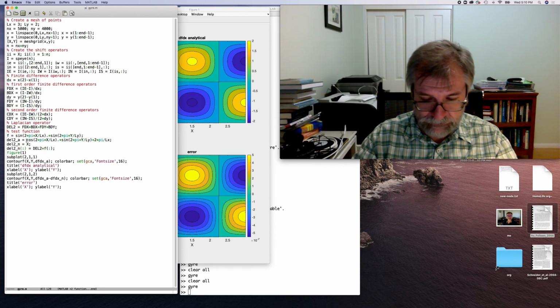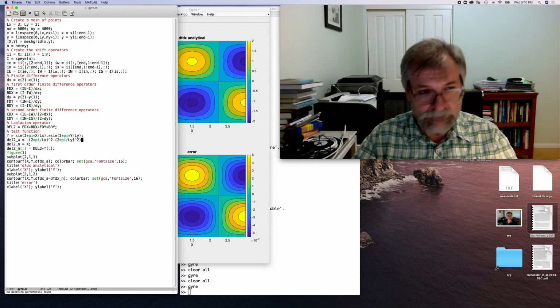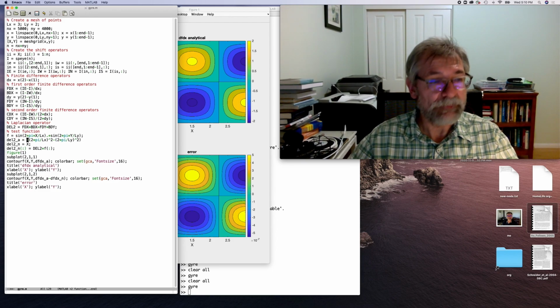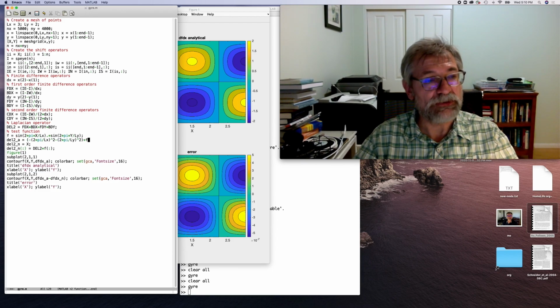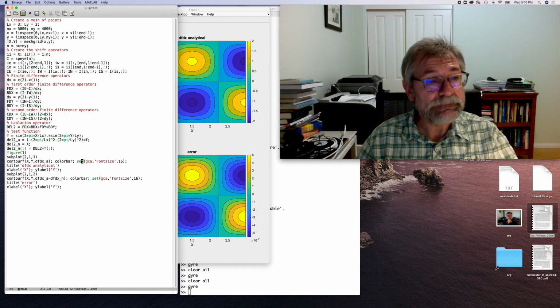So let's type out the second derivative. So it will be minus (2*pi/Lx) squared minus (2*pi/Ly) squared, and all this multiplies back our original function. So it's easy to compute. So we have the analytical, the numerical, and now we can plot them.